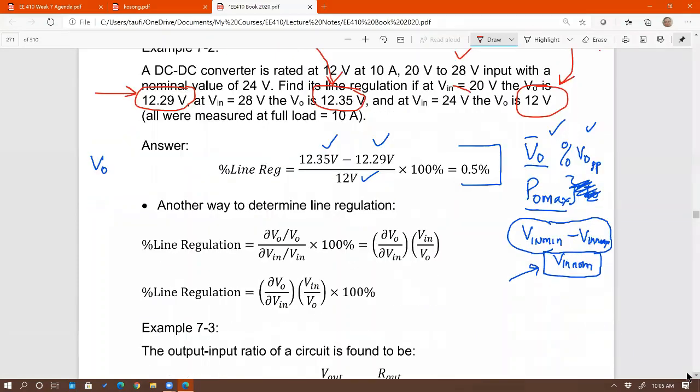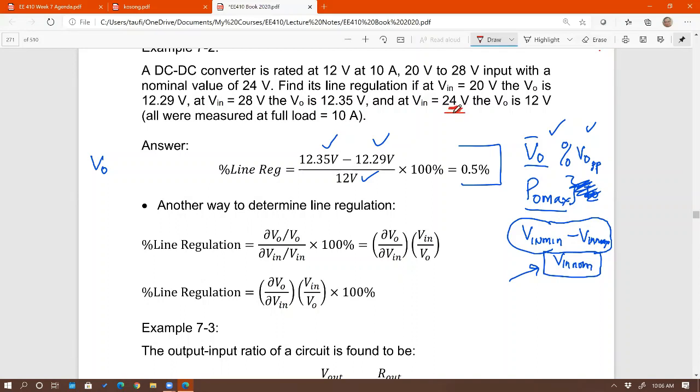Okay. So, Professor, when it says that the DC to DC converter is rated at 12 volts, is that coincidence or is it supposed to match the nominal output voltage? Yeah, this is just coincidence, just to make it easy. In reality, in the real world, when you input 24, but that's nominal, isn't it?